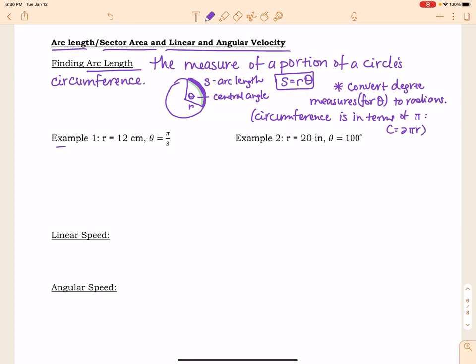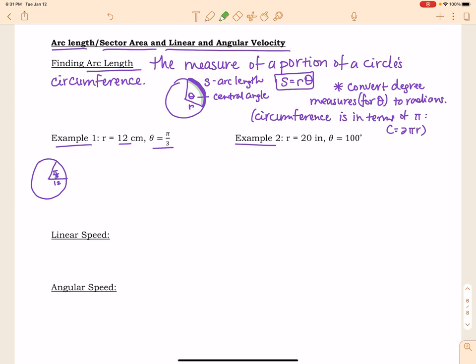So let's just look at some examples here. Okay, I've got example 1 and example 2. So for example 1, I'm given the radius of 12 centimeters and angle theta is pi over 3. So if I want the arc length for that, and just to give you a visual, what does that look like? Let's say I've got 12 right here, pi over 3.